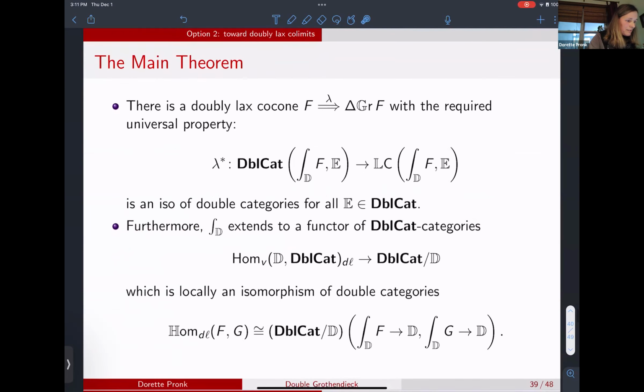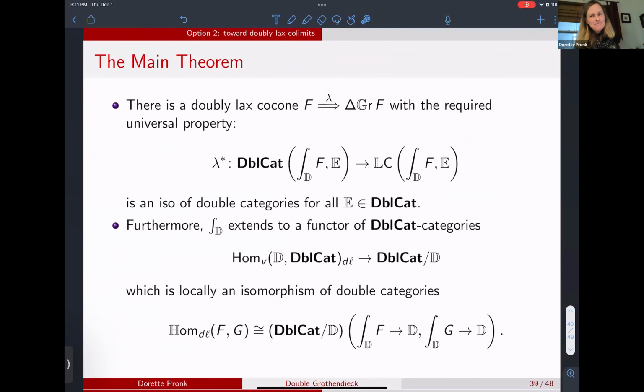So our main theorem, well, the first main theorem is that for the colimits, the doubly lax cocone that I get with delta of the Grothendieck construction is indeed the required colimit.